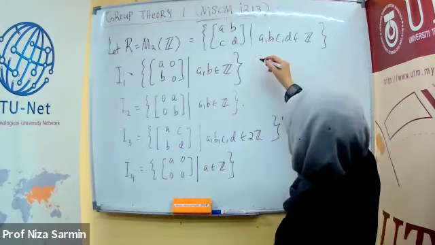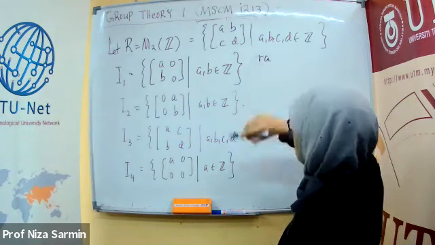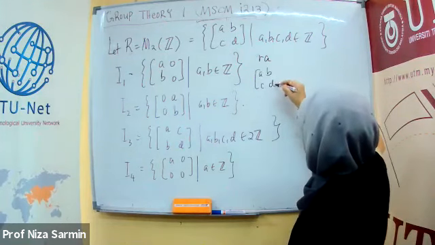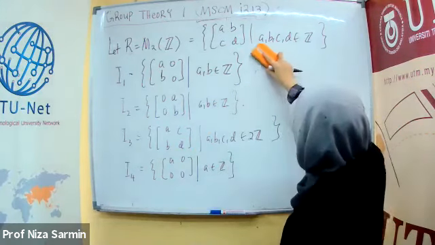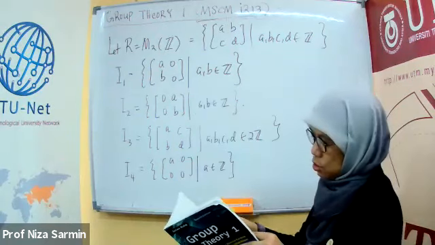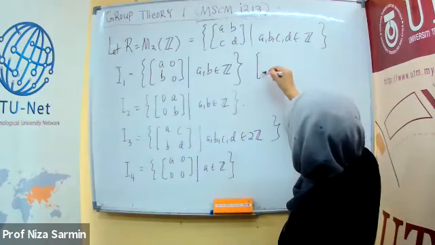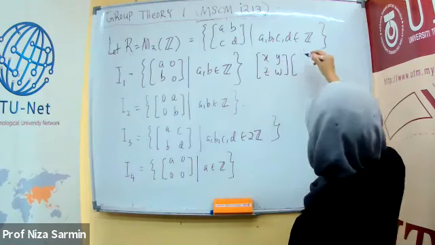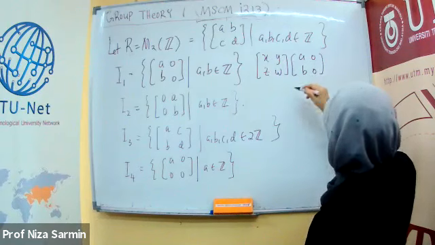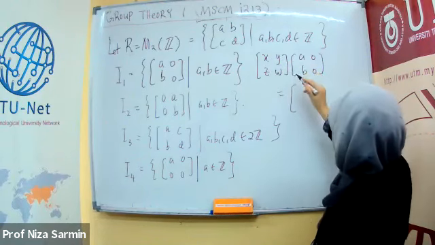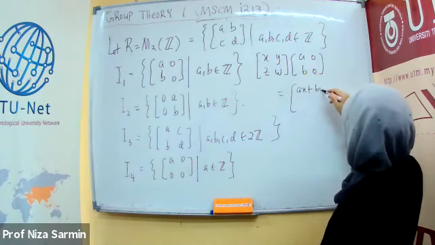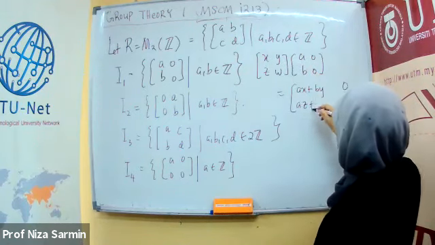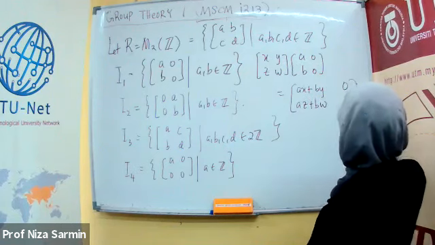Now you multiply on the left, R times A. R is [A B; C D], but now you cannot use A, B, C, D because there's already A, B. So here I use X, Y, Z, W. [X Y; Z W] times [A 0; B 0] gives [XA plus YB, 0; ZA plus WB, 0].